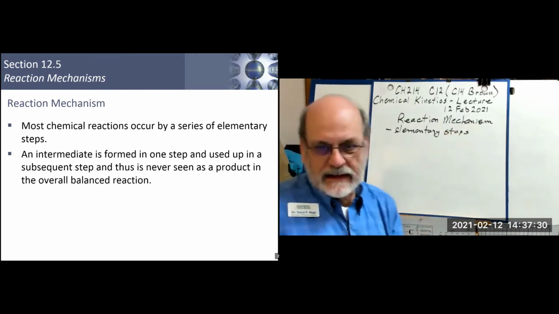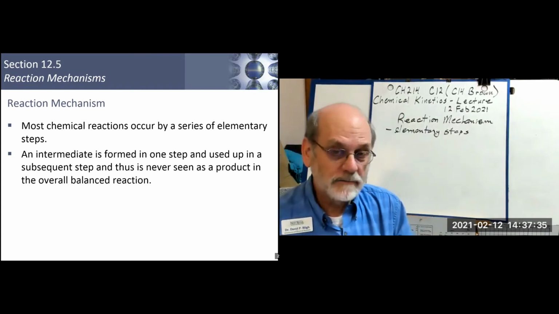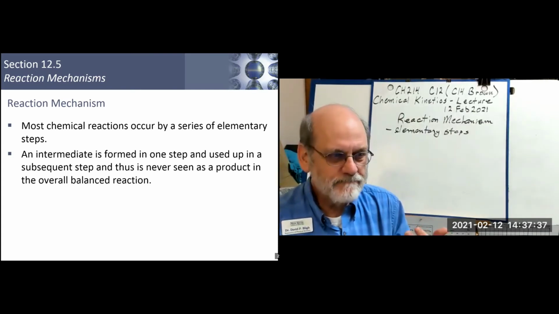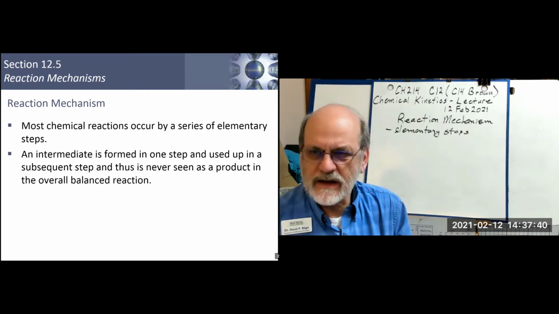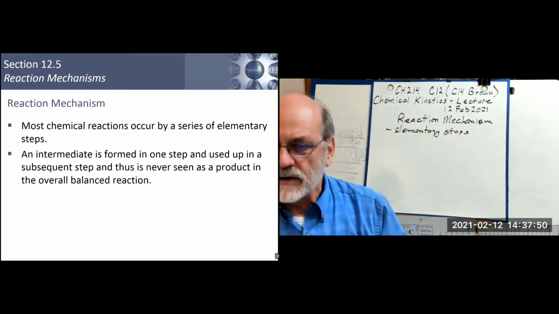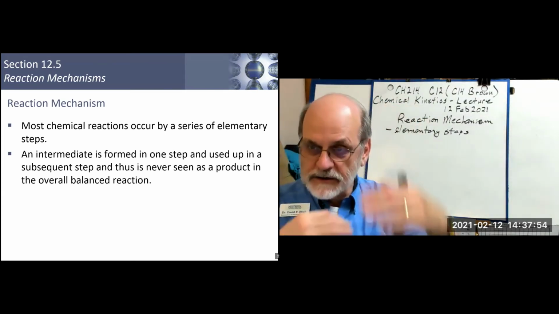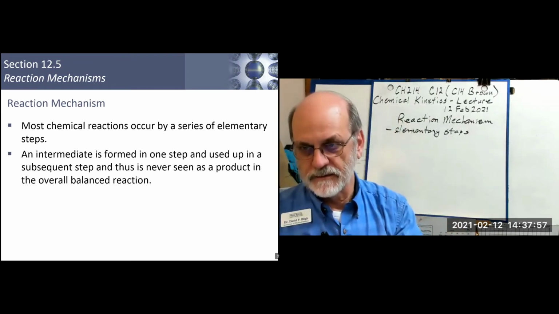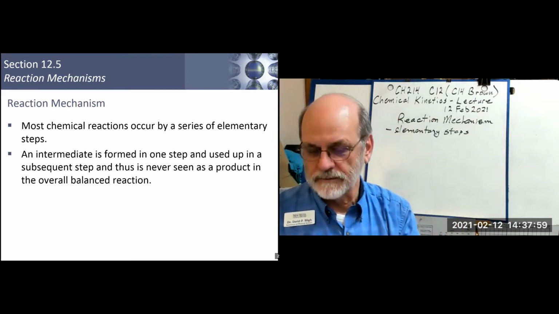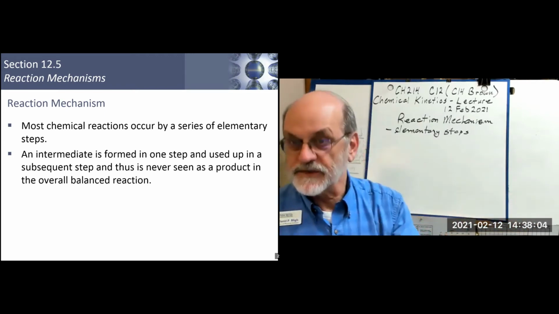Okay. Now, how do you figure out what the elementary steps are? It's almost like a crapshoot. What you try to do is postulate different series of steps that you think might be reasonable. And you set up this mechanism, that mechanism, separate mechanisms.